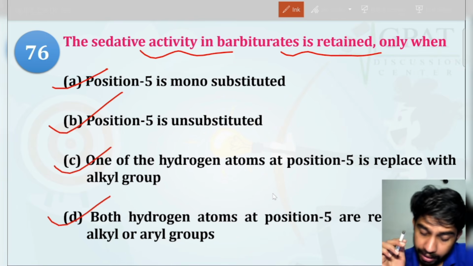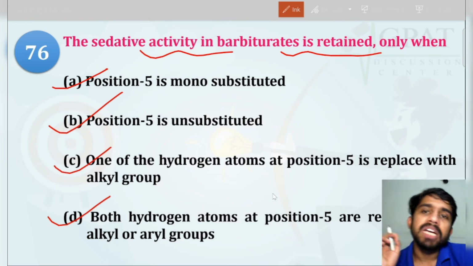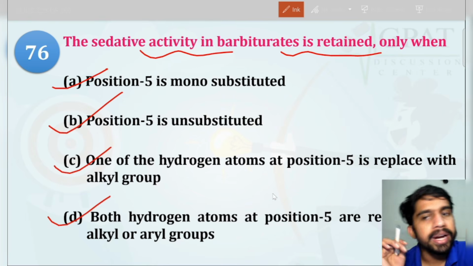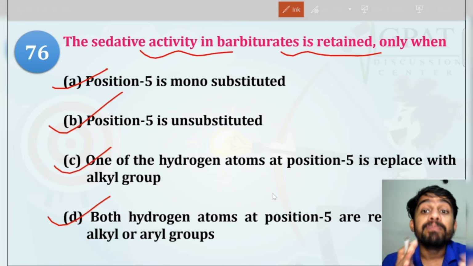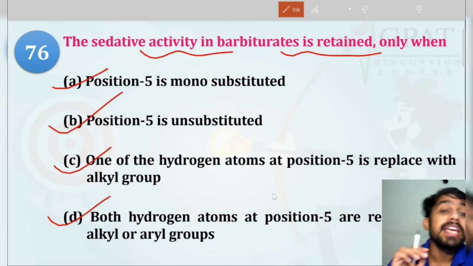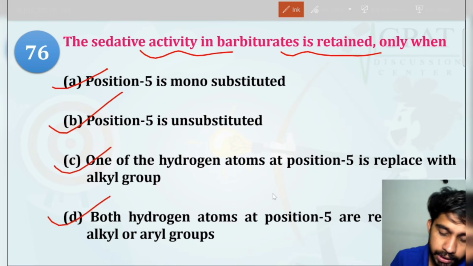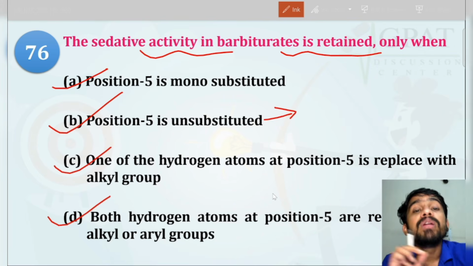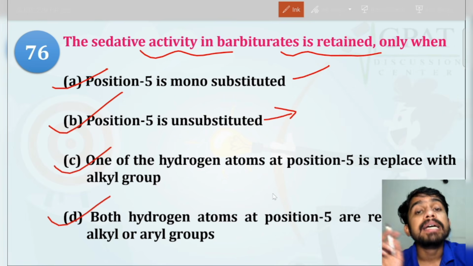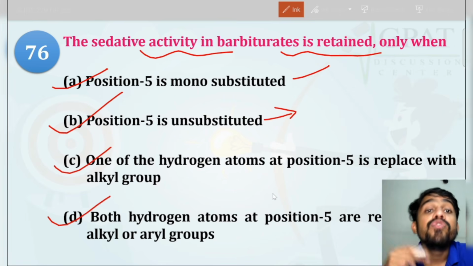So now what are the points? If this position is unsubstituted, then there will be no sedative activity, and if that position is monosubstituted, then there is sedative activity but weak sedative activity.